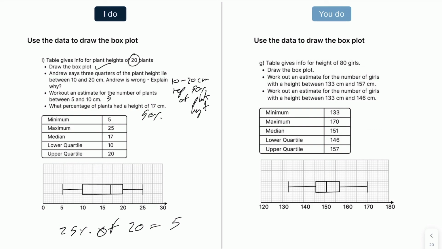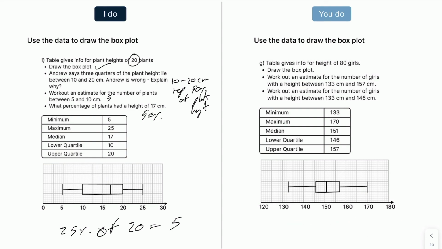So work out an estimate for the number of girls with a height between 133 and 157. I can see that 133 is there and 157 is there, and that's from there to there. That is the upper quartile, so everything below that point is going to be 75%.